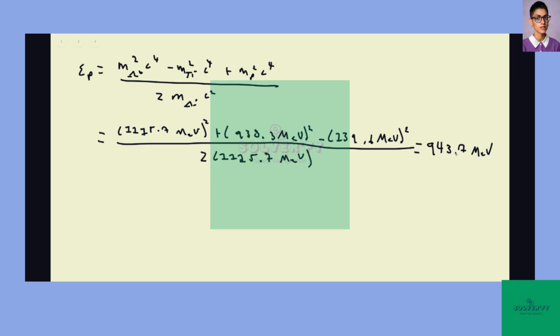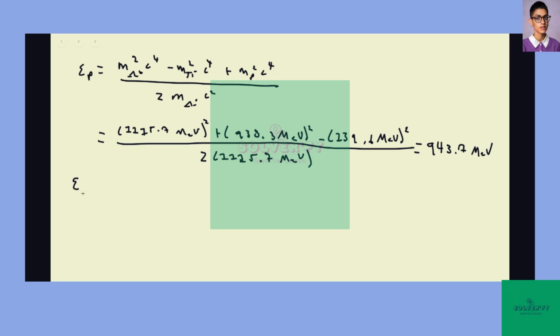So now we want to work out the kinetic energy of each particle. This is the total energy of the proton. Now we need to work out the total energy of the pi meson.